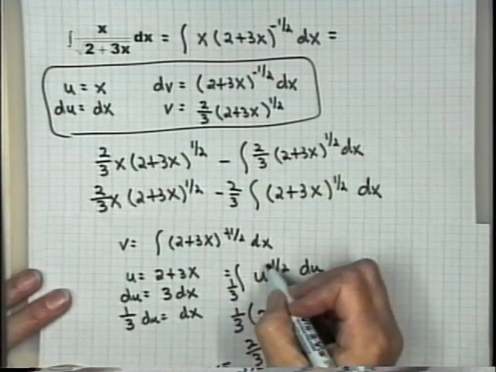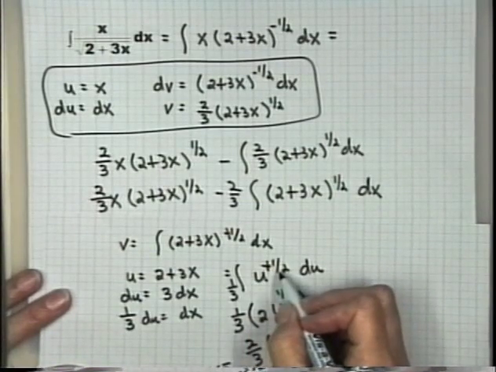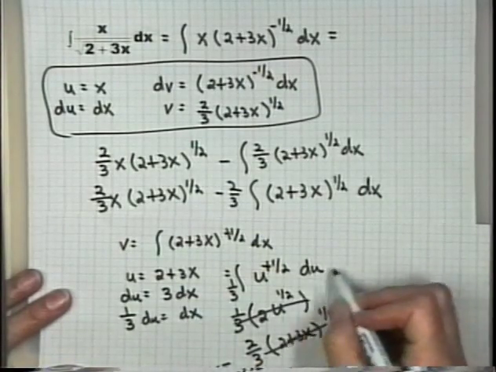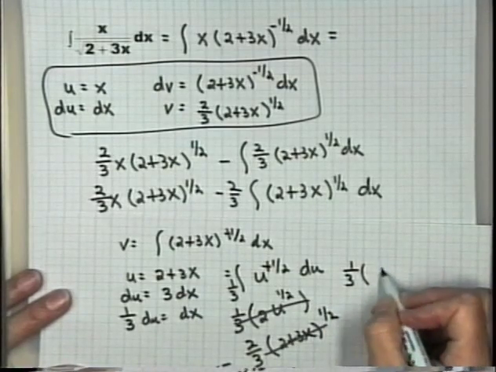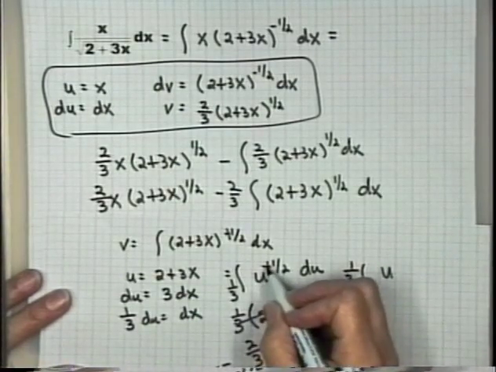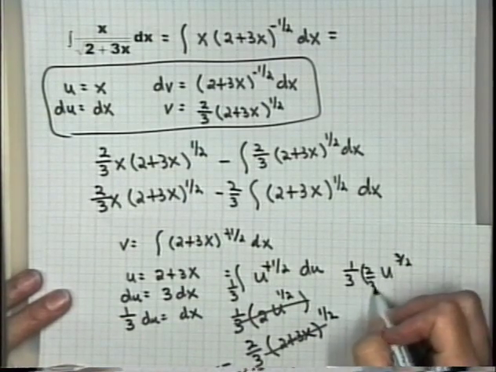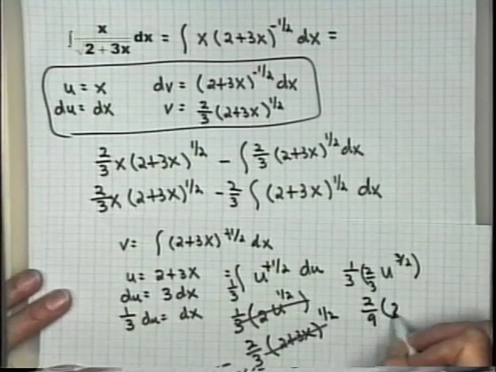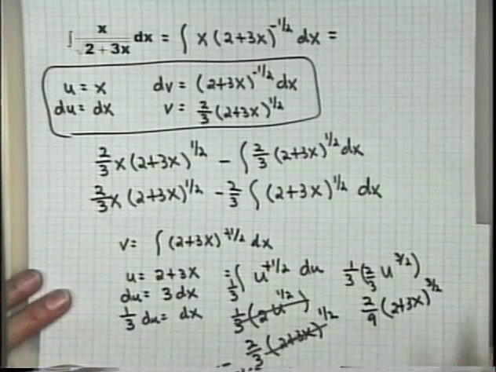The difference is this would be u to the positive 1/2 when we substitute instead of negative 1/2. So the difference it would make would be right here. We could bring our 1/3 down, and then when we add 1 to our u this time, since that's a positive 1/2, we would get 3/2, which would put a 2/3 in front of that. So we would have 2/9 times 2 plus 3x to the 3/2.